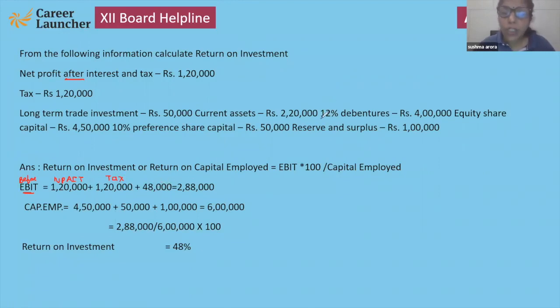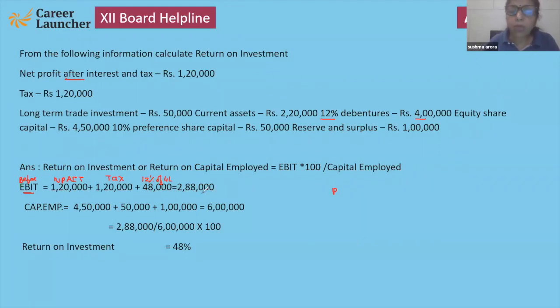Very good. So interest from here, 12% of 4 lakh. Here I am writing 12% of 4 lakh. That will be 48,000. Or you can write the note, because net profit after tax is given, so we have to calculate before.